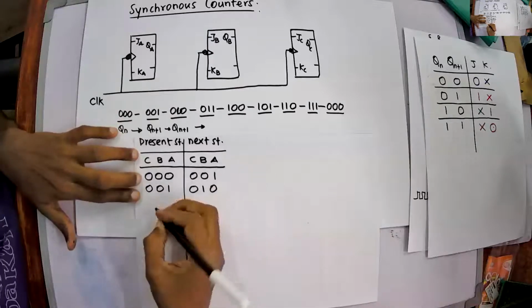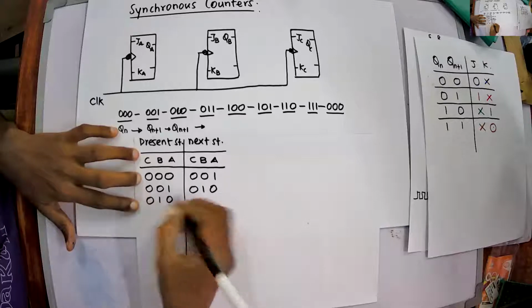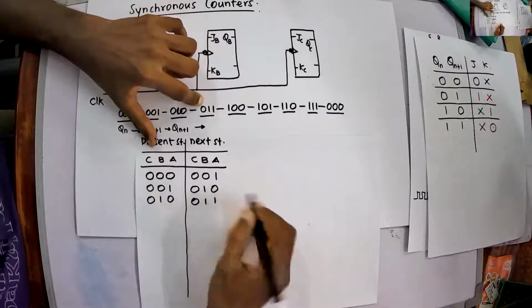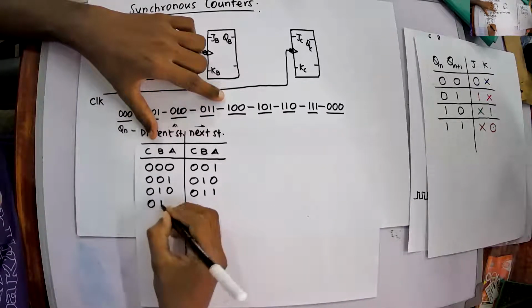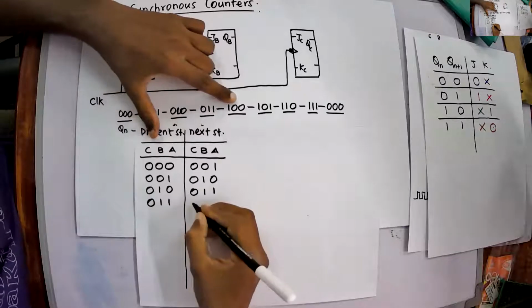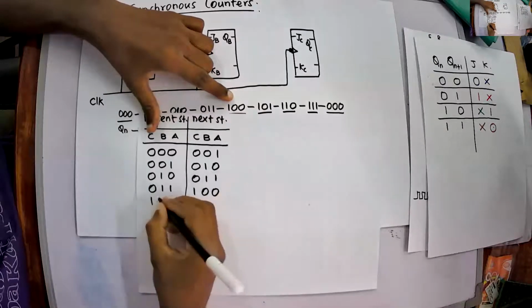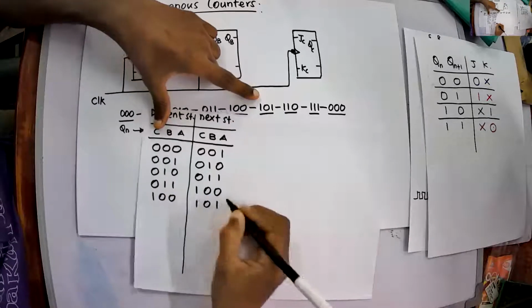Clear? Similarly, if my present state is 0, 1, 0, my next state must be 0, 1, 1. If my present state is 0, 1, 1, my next state should be 1, 0, 0. If my present state is 1, 0, 0, my next state should be 1, 0, 1.